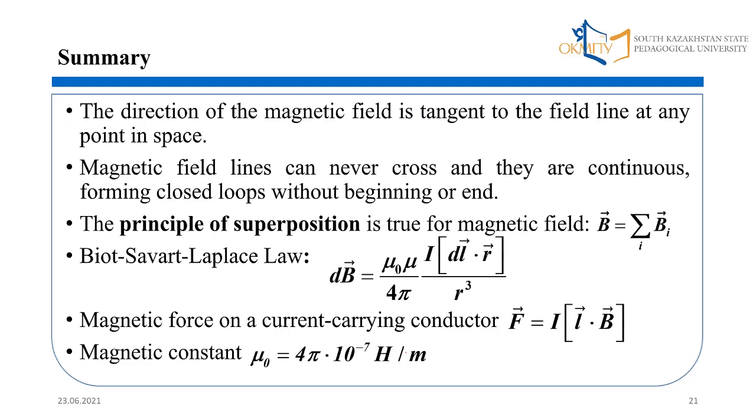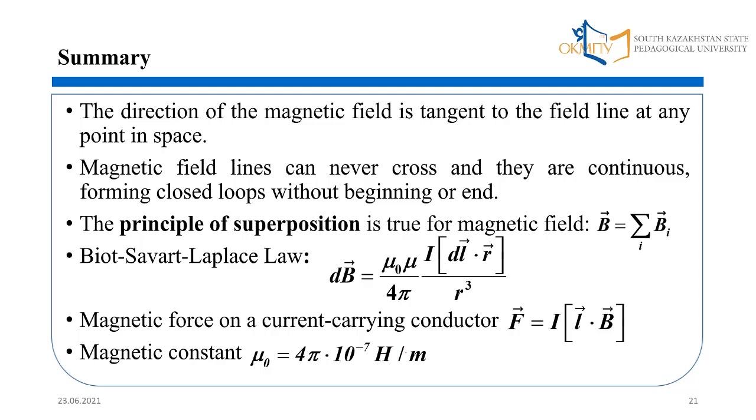The direction of the magnetic field is tangent to the field line at any point in space. Magnetic field lines can never cross, and they are continuous, forming closed loops without beginning and end.